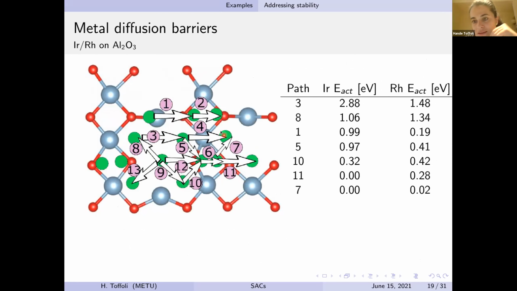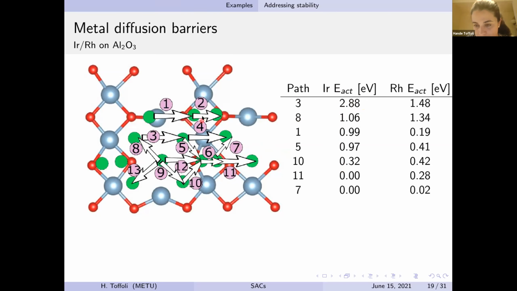Some of them did not result in good results, so we excluded them from our results here. But the more important ones gave us these activation barriers. So as you can see, for iridium, path number 3 gives an activation barrier of almost 3 eV. So this is a really huge number.